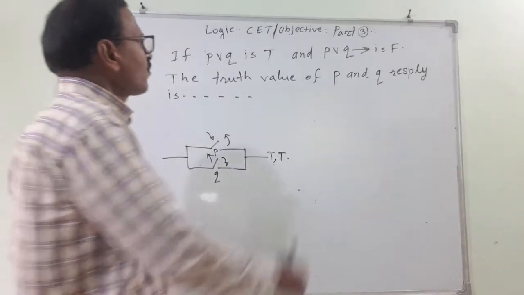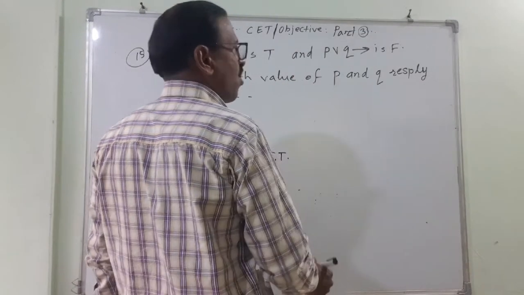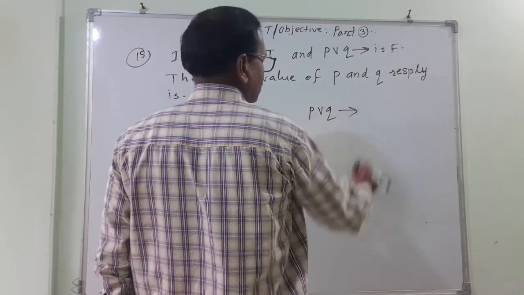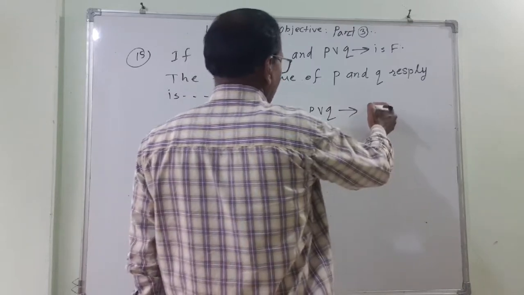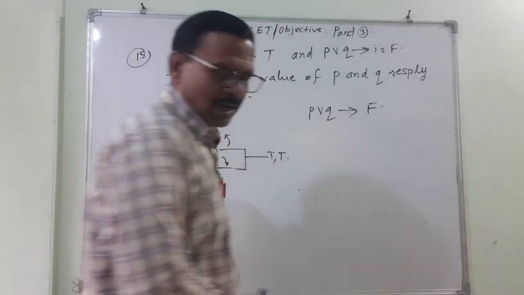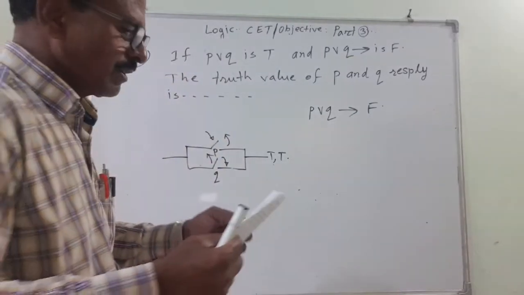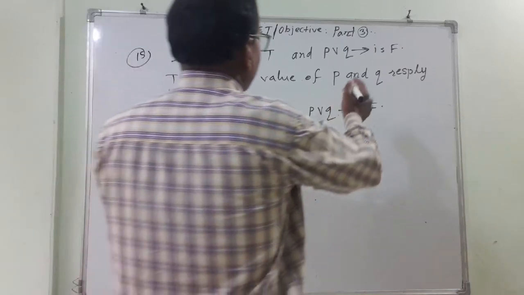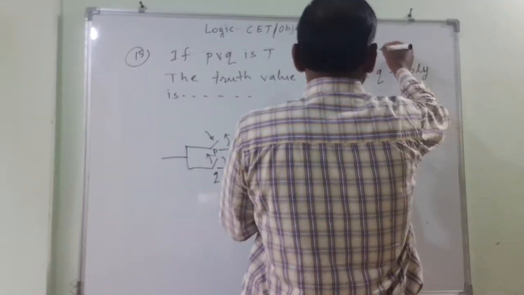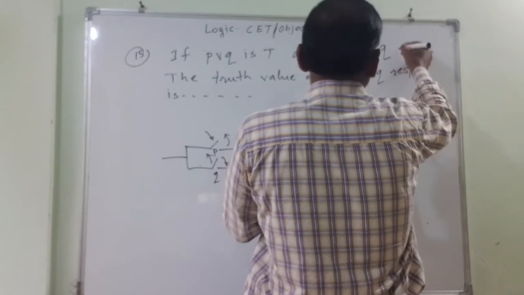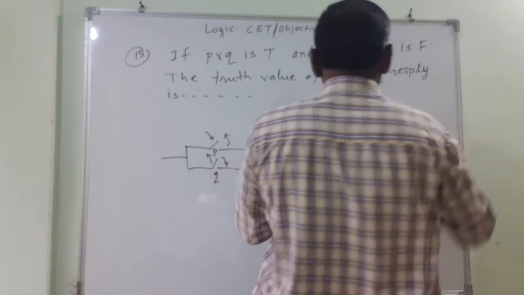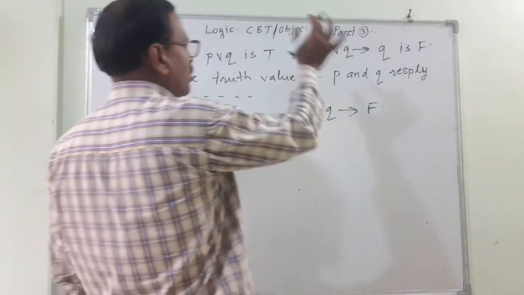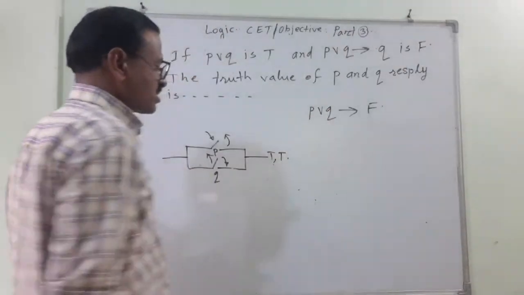Now P or Q implies Q is false. Let me read the question once again, whether I have written it correctly or not. P or Q implies Q is false.